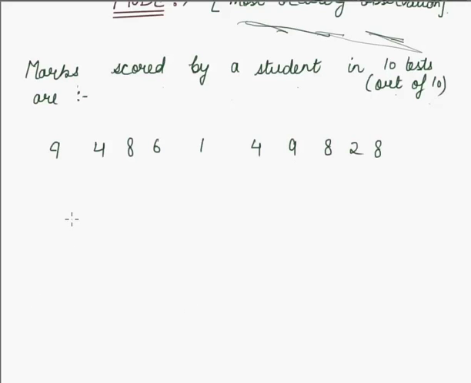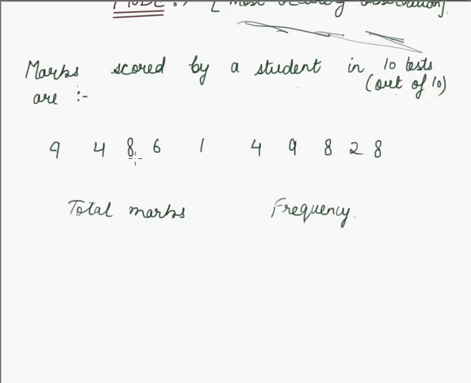Let us first of all make a table to convert this data into more simplified form. That is, in first column we will write total marks, and in the second column the frequency of those marks.